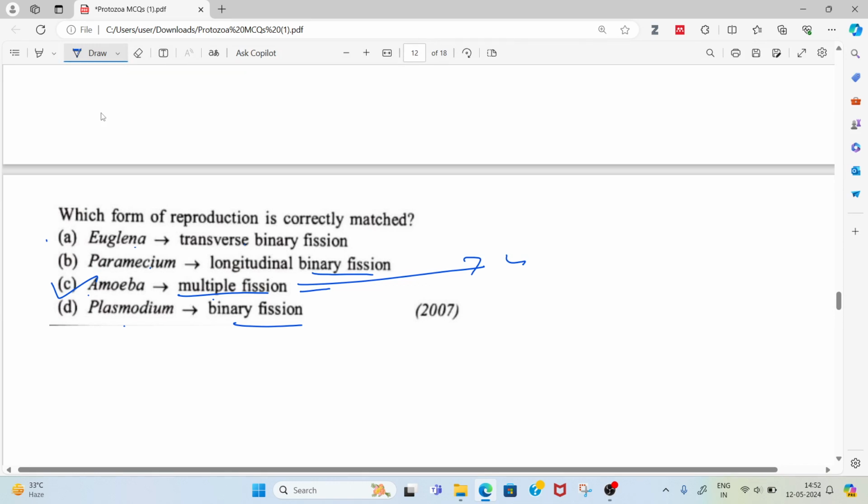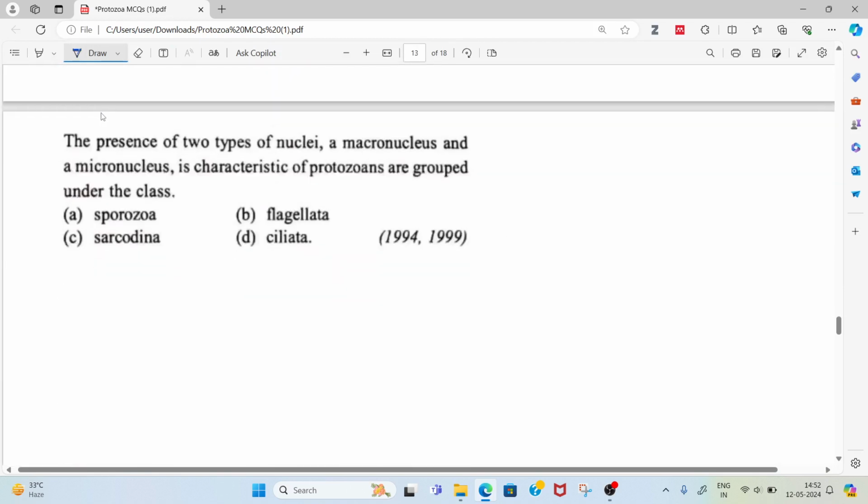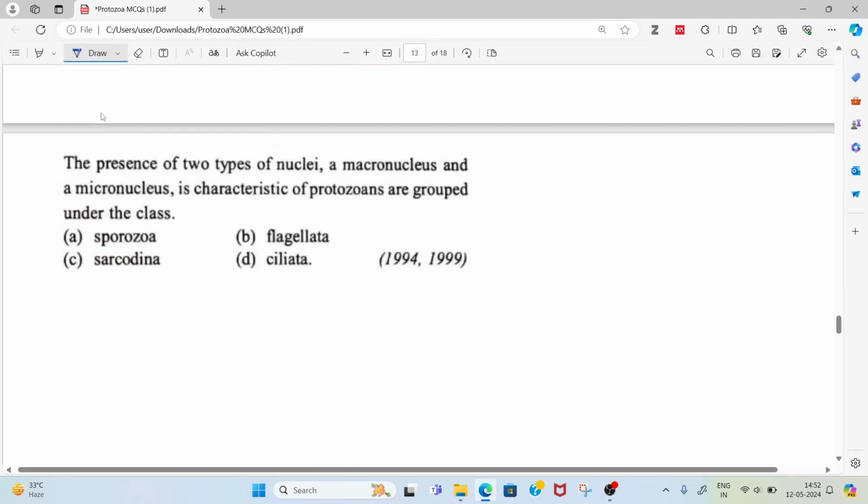The next question: the presence of 2 types of nuclei, a macronucleus and micronucleus, is characteristic of protozoans grouped under which class? Again, I am repeating the question.